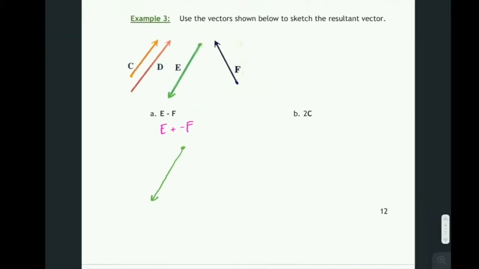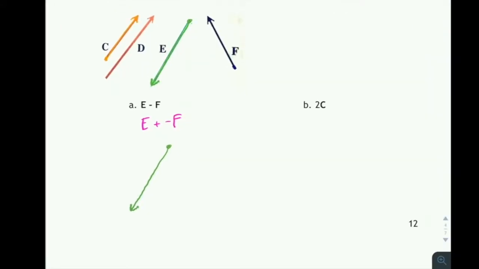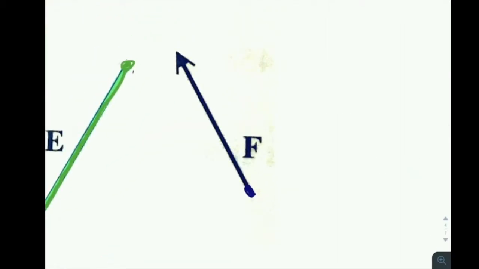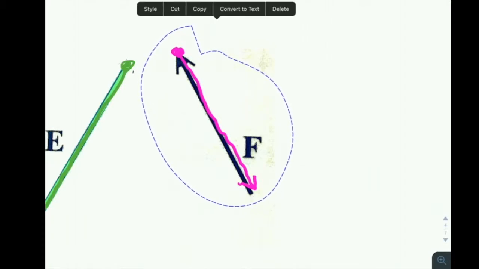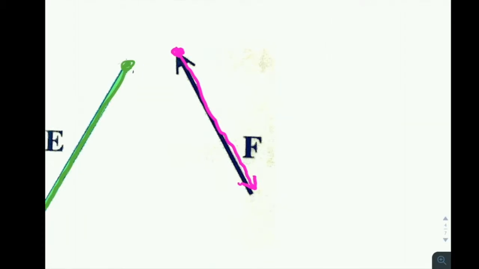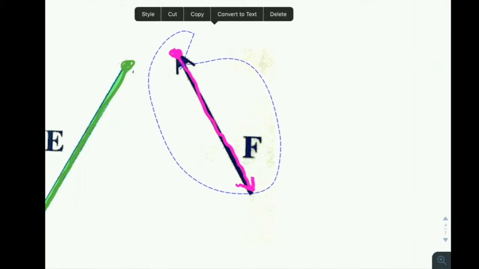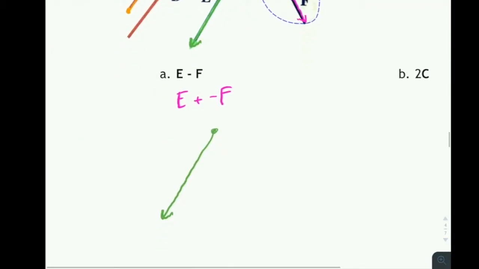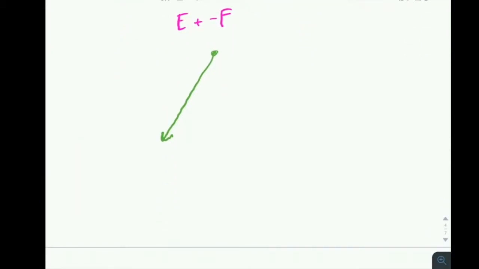Here's vector E, and then vector F, if you do the opposite of it, it's going to have the same magnitude but be the opposite direction. So when I draw vector F here, I'm actually going to have it go the other way. Switch its initial and terminal points. So that's negative vector F that I just drew right there. Reversed its direction. Paste it down here.